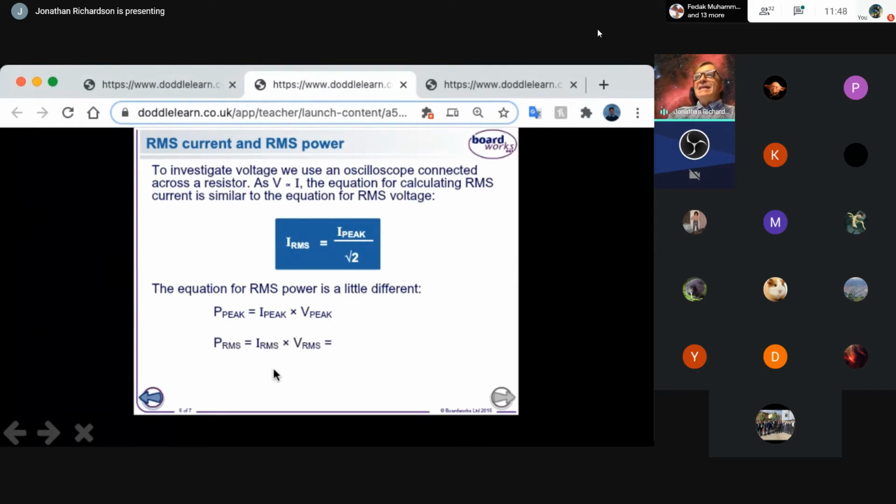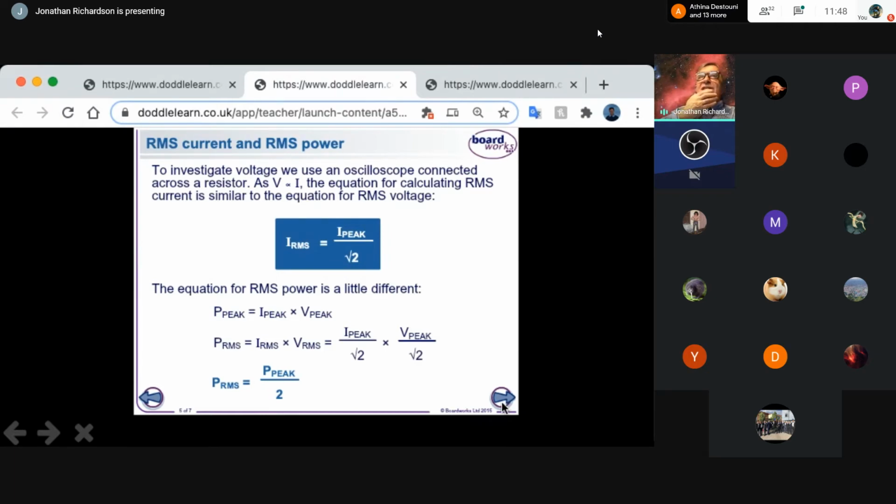So power RMS is current RMS times voltage RMS, which equals I peak divided by root 2 times voltage peak divided by root 2, which tells us now that the RMS power is the peak power divided by 2. In other words, it's half the peak power.